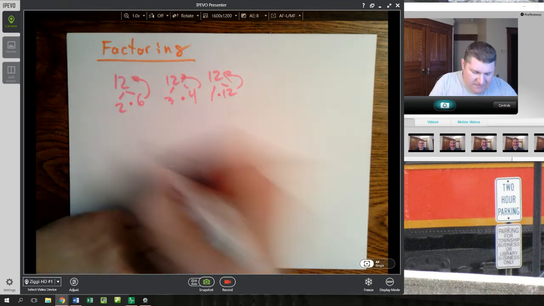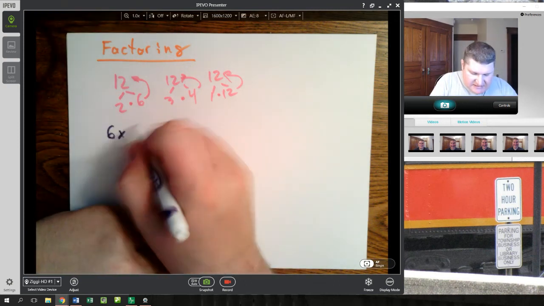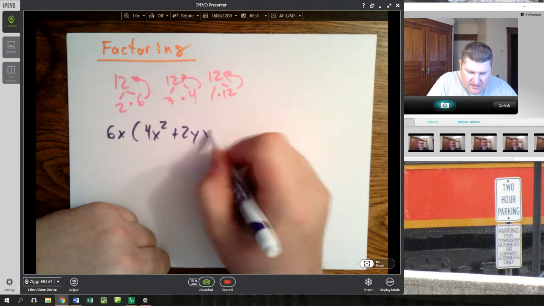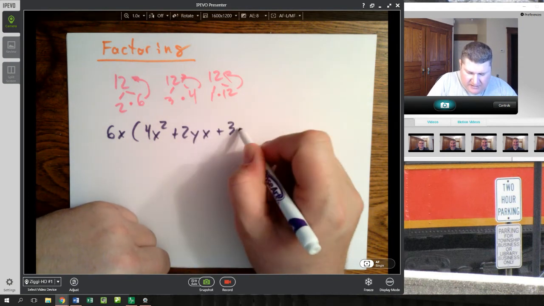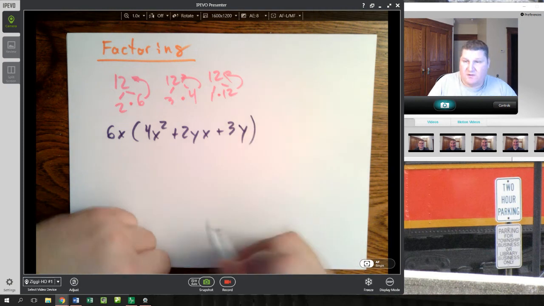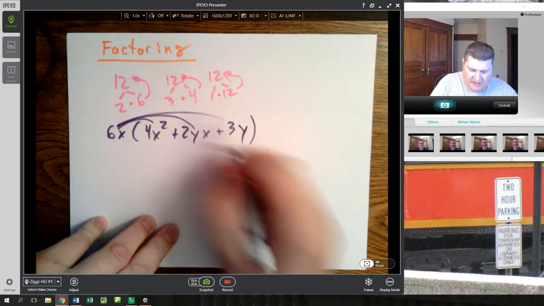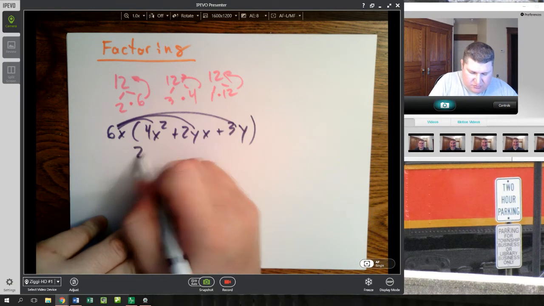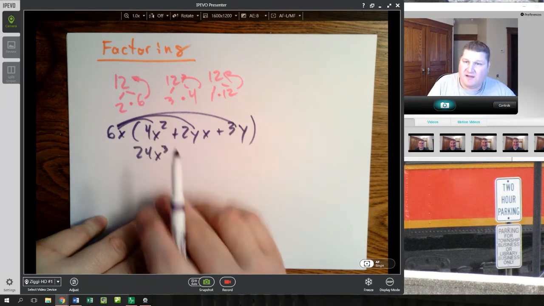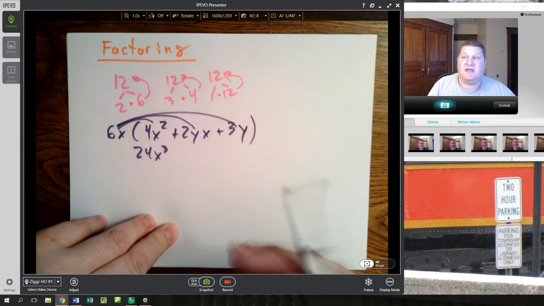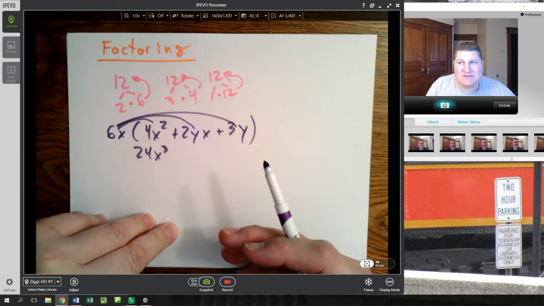Now, if I were doing something like this, 6x times (4x squared plus 2y x plus 3y), and we were to multiply it out, we said give it away, give it away, give it away. So we said 24x cubed. Now, by the way, do you notice that we keep doing the same type of problems over and over again? I keep asking you to learn them.